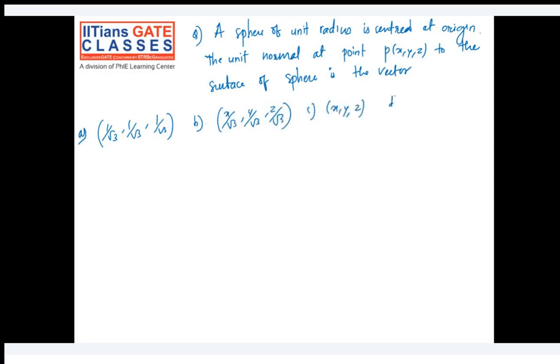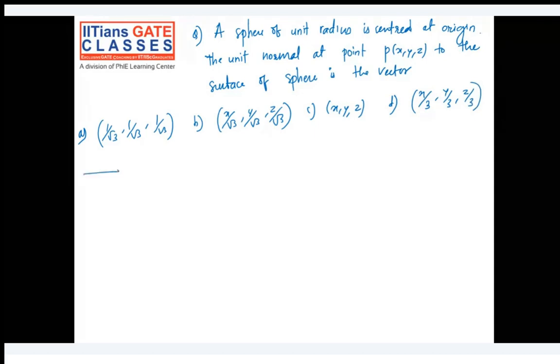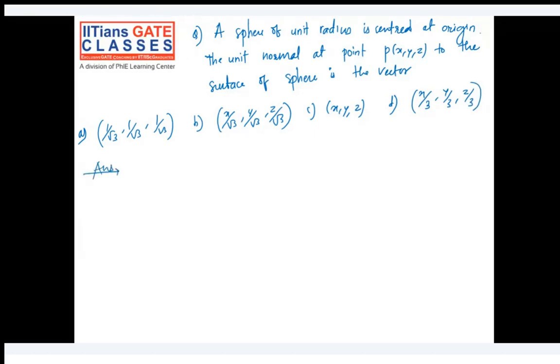Option D is x by root 2 or x by 3 comma y by 3 comma z by 3. Okay, solve this question. I'll wait for 2 minutes and you try to solve it.